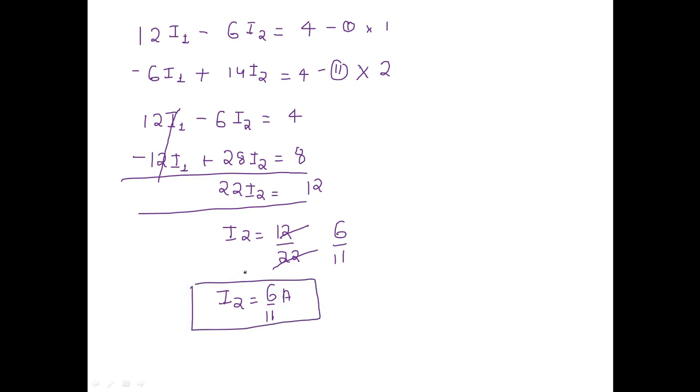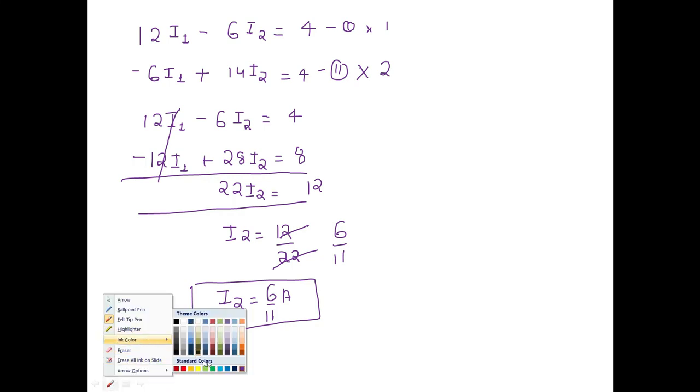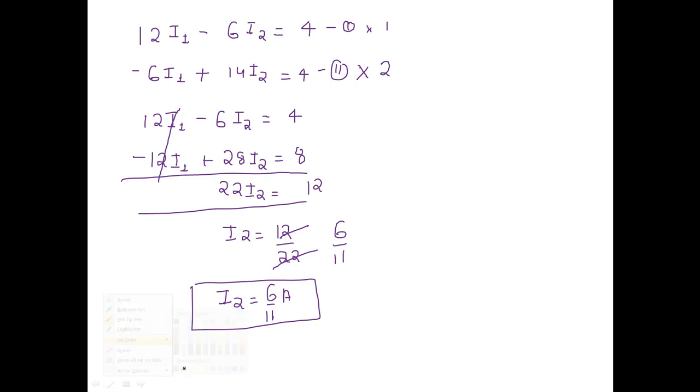Now we have to find the value of I1. How can we find the value of I1? Let's see. This is our I2 value. Now if we put this I2 value in equation first, what we get is 12 I1 minus 6 I2, where I2 is 6 by 11, is equal to 4.